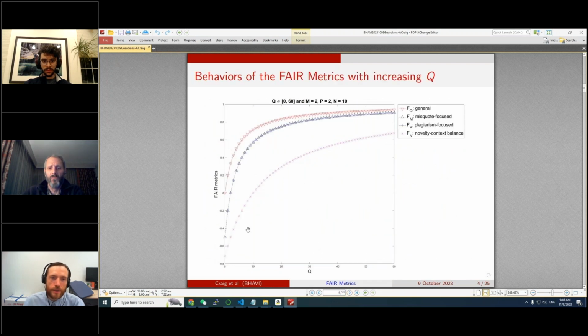And as we can see in this demonstration, as the number of quoted statements grows large compared to the number of other kinds, F sub Q, F sub M, and F sub P approach 1, and F sub N approaches some other value.